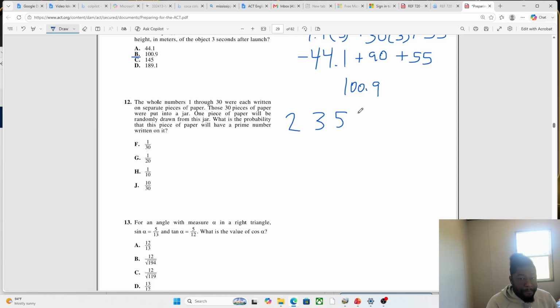All right, you got them? Cool. 7, 9 can be divided by 3, 11, 13, 15 can be divided by 3 and 5, 17, 19, 21 can be divided by 3 and 7, 23, 25 can be divided by 5, 27 can be divided by 3, 29.